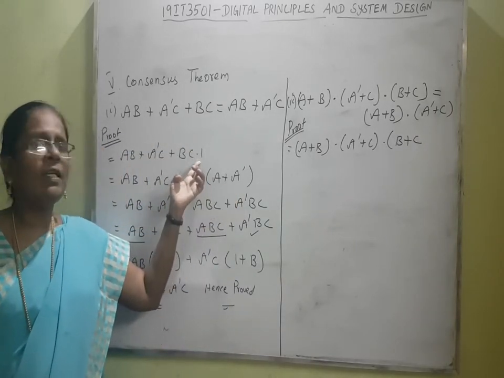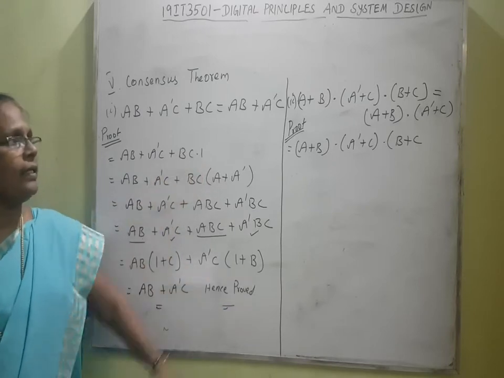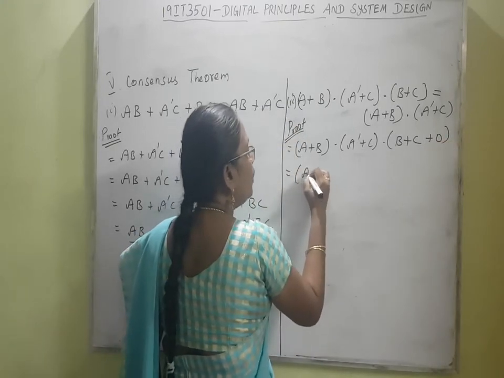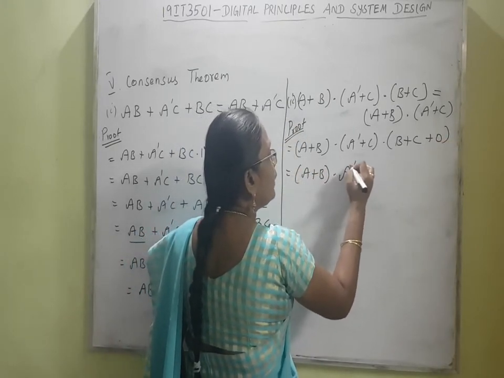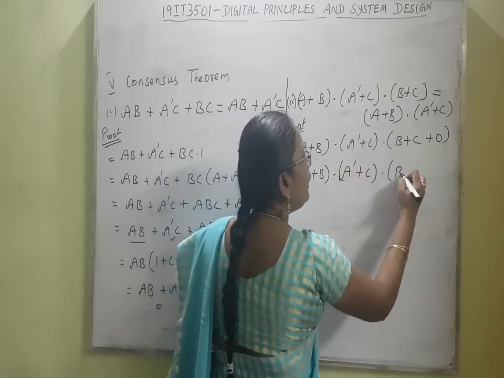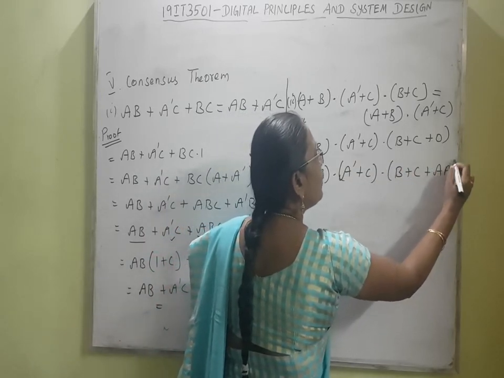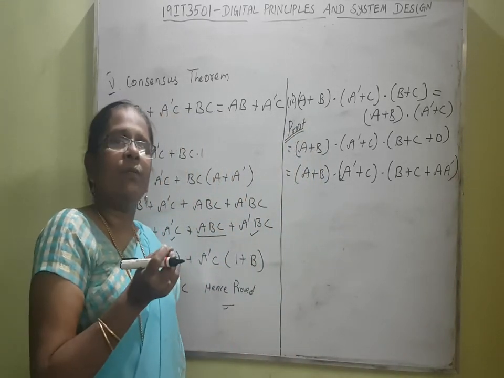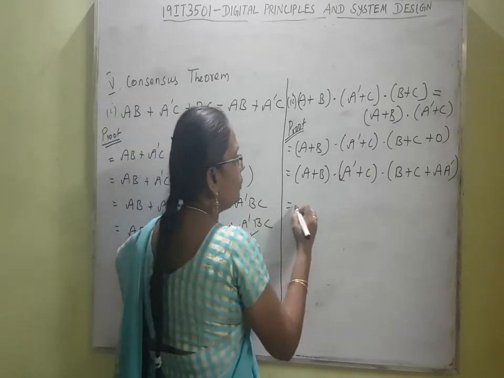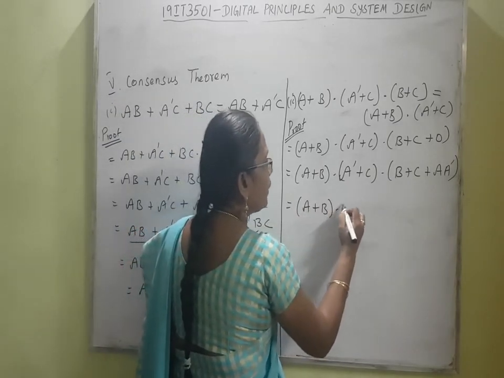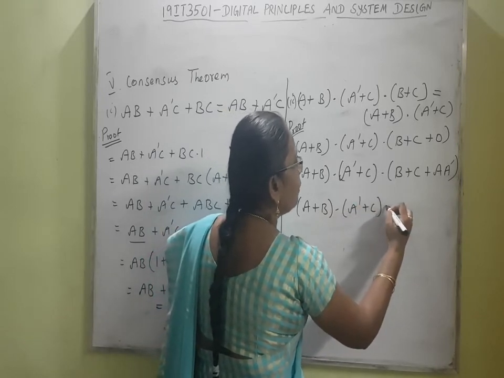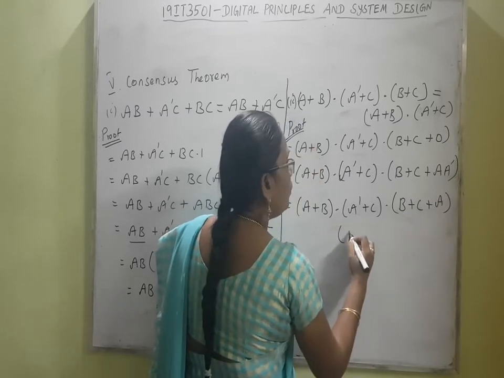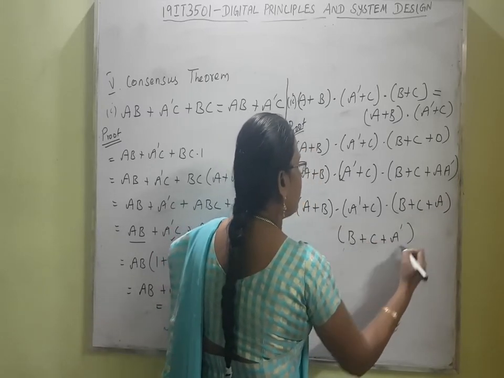BC into 1. The multiplicative identity was 1, so what is the additive identity? It is 0. So we put BC plus 0, which is equal to A plus B into A bar plus C into B plus C plus A A bar. A number and its inverse when you multiply is always 0. So which is equal to A plus B into A bar plus C into B plus C plus A into B plus C plus A bar.